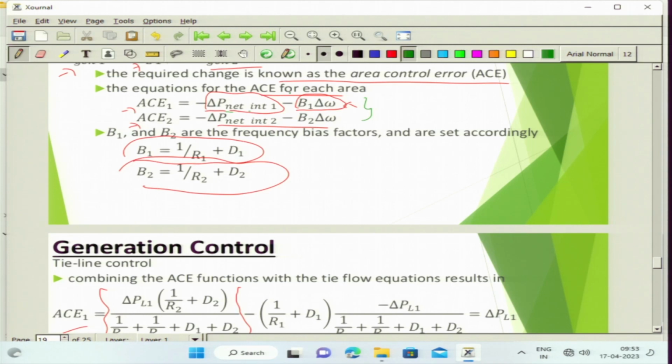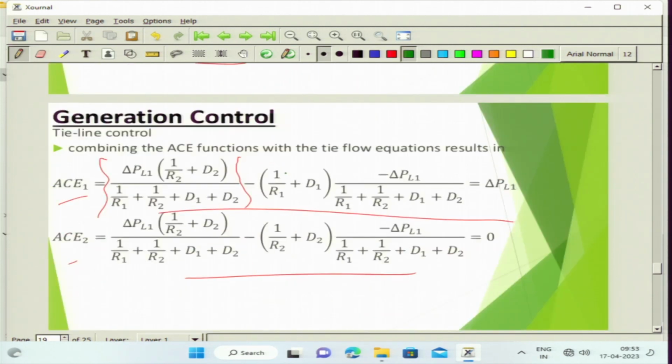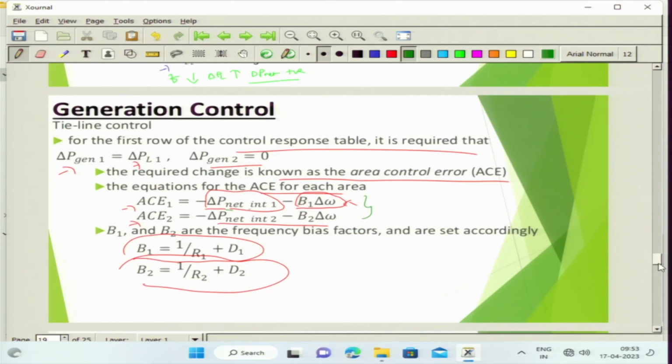What is B1? 1 by R1 plus D1, and delta omega we have already defined, delta PL1 by this. So ultimately this is delta PL1, and ACE2 is equal to 0, right? We are not considering this in this specific row; in the first row we are not changing any generation. The error is because of network 1. There is no error because of network 2. We are not giving any command to network 2.